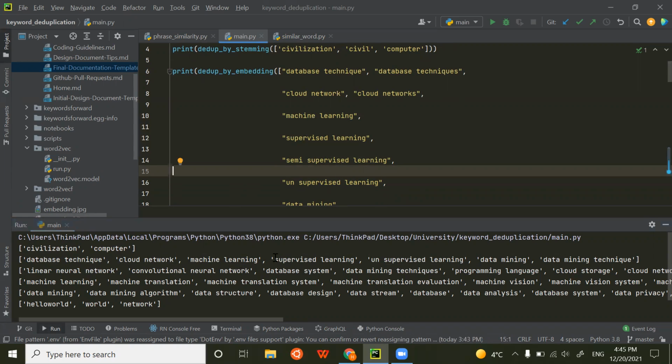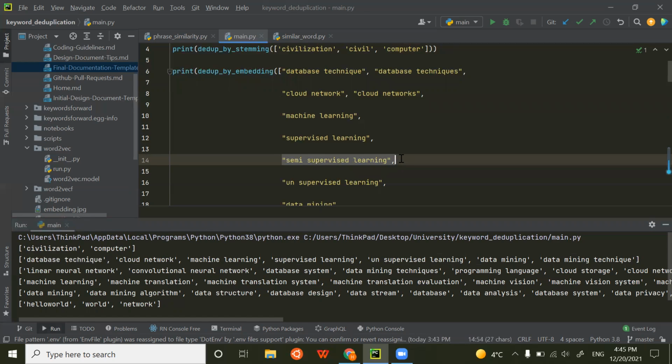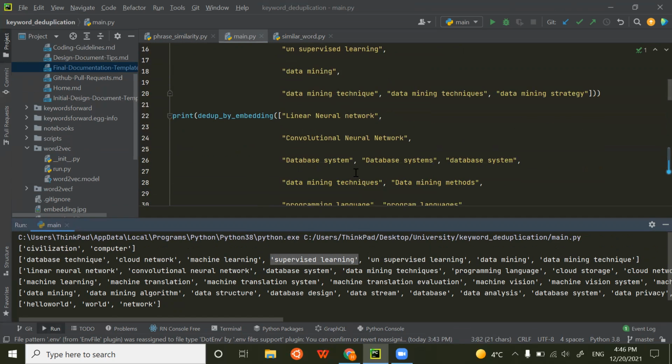So you can see that here it categorizes them as different things. Here it needs some little improvement, because it regarded semi-supervised learning as similar to any one of them. I'm not sure, but you can see that machine learning and supervised learning are regarded as different things.